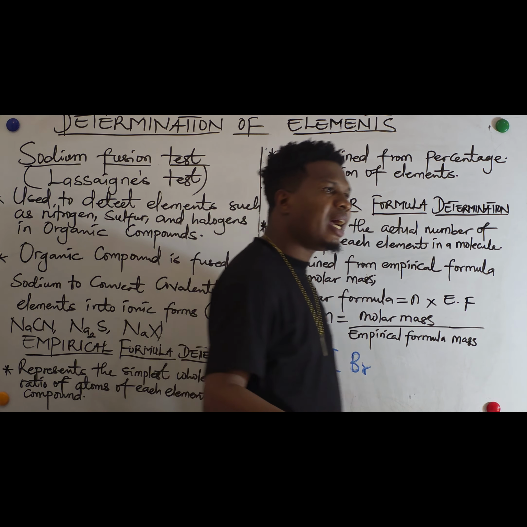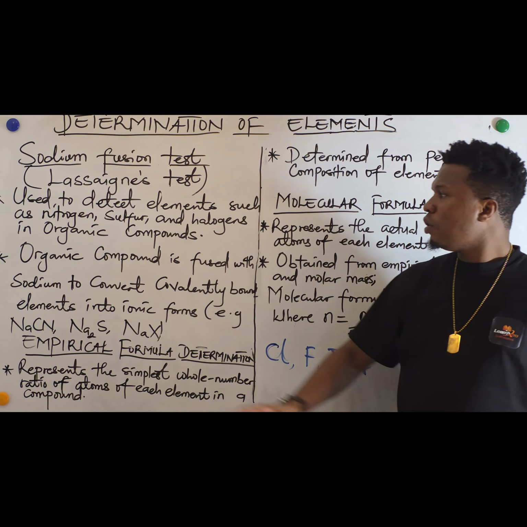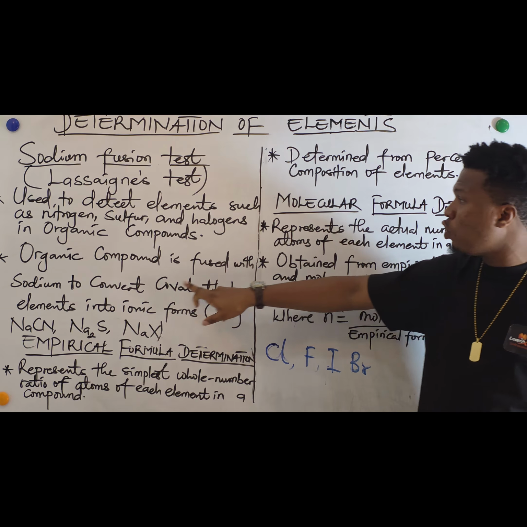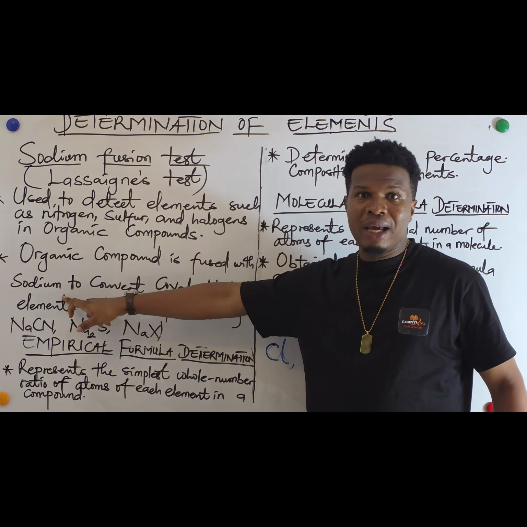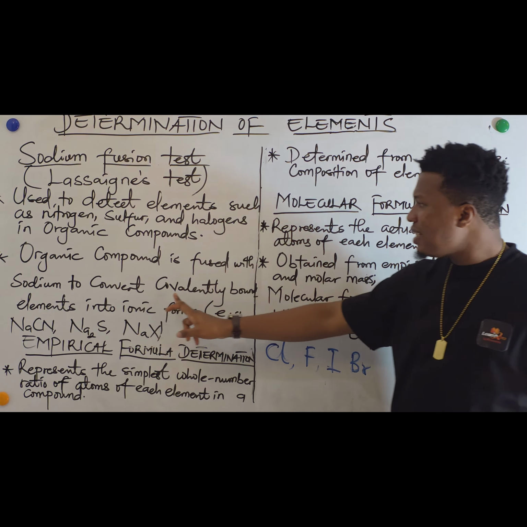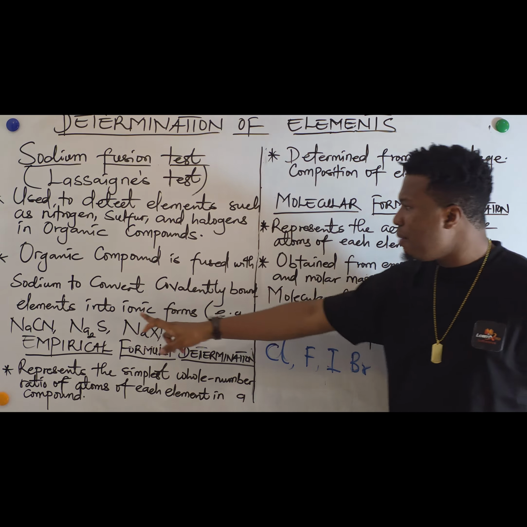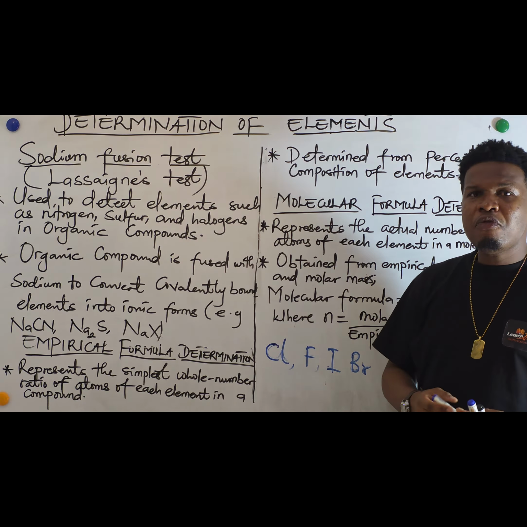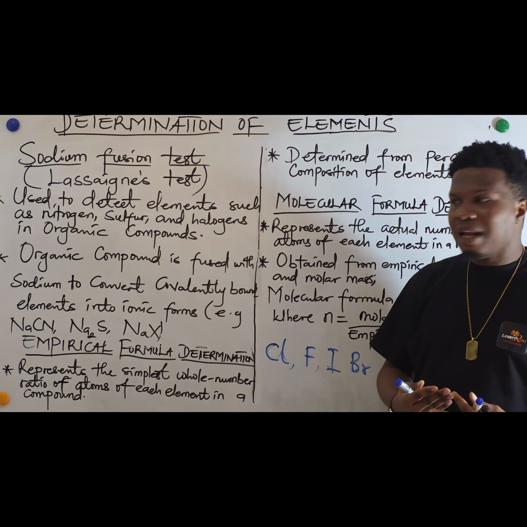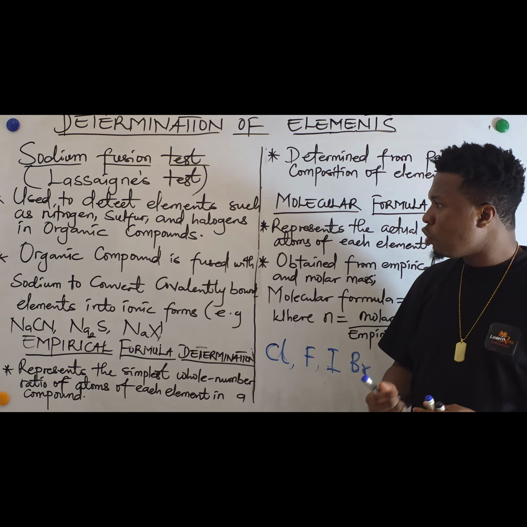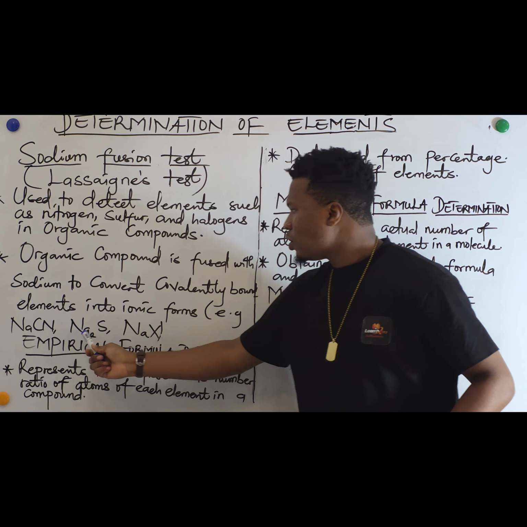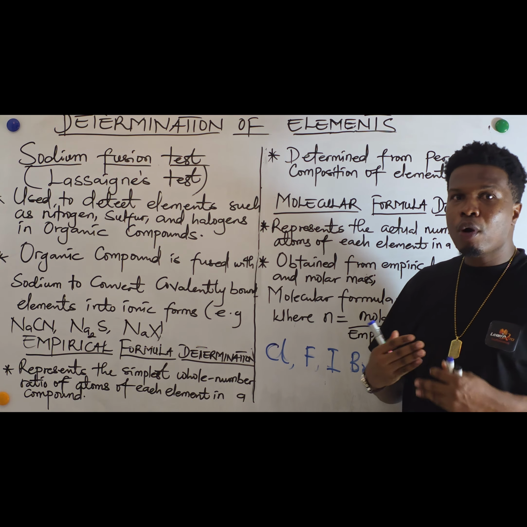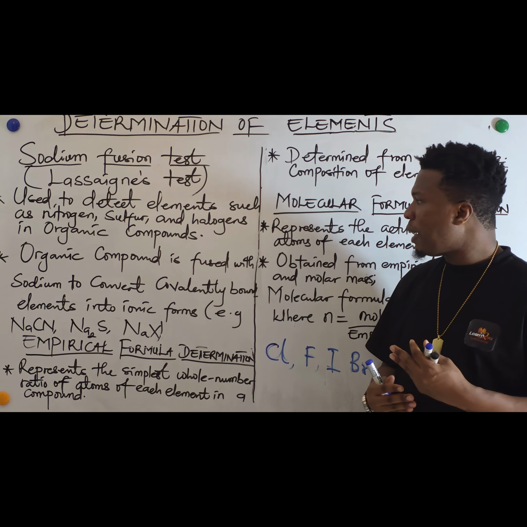So how do we carry out this test? The organic compound is fused with sodium, the normal element you know as sodium, to convert the covalently bonded elements into ionic forms. So if you react these elements with sodium, they will be released from that organic compound.